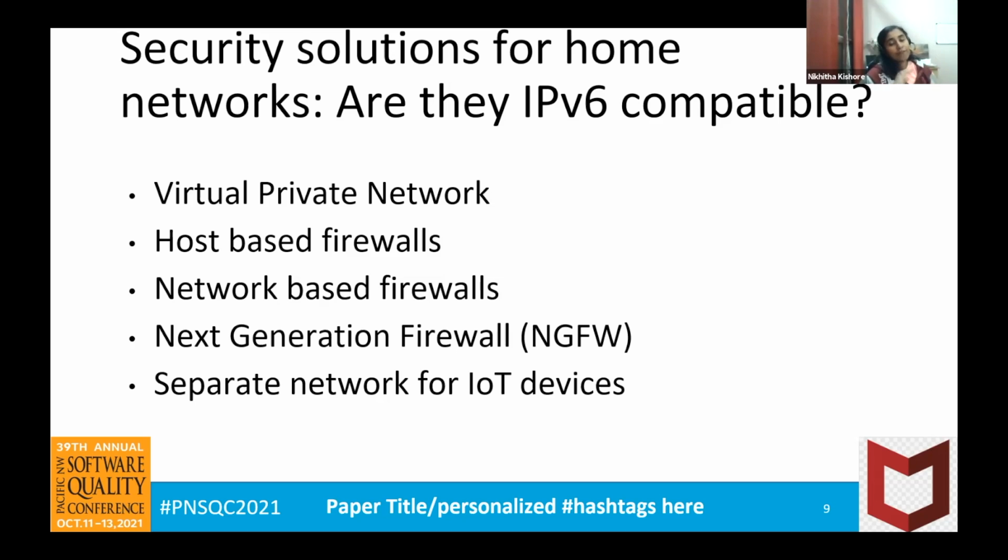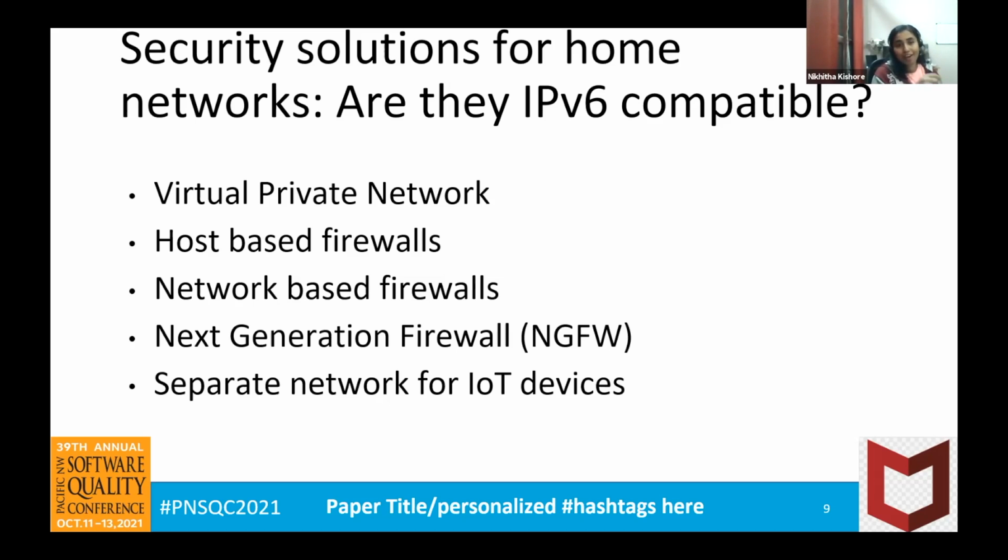So when overall all these things are done, when we analyze all of these, when we go through a virtual private network or a host-based firewall or a network-based firewall or any of these security solutions, when we just look through that, it is so evident that it is very difficult to expect a user to go ahead and understand all these things, understand the nuances of network, or even understand, as I told you, the user might not even be aware that there's something called an IP address.